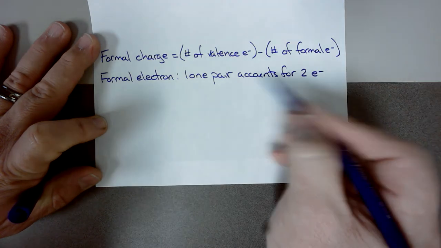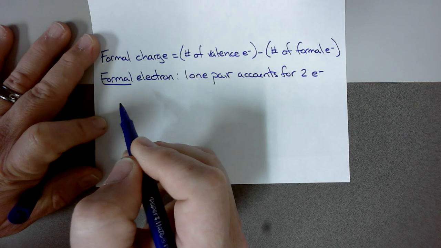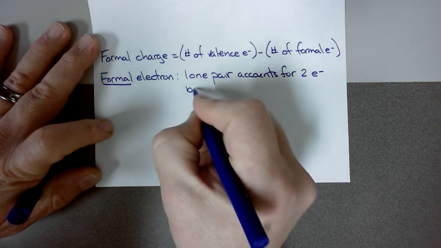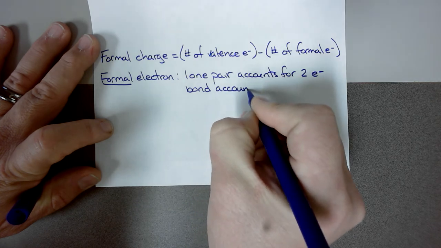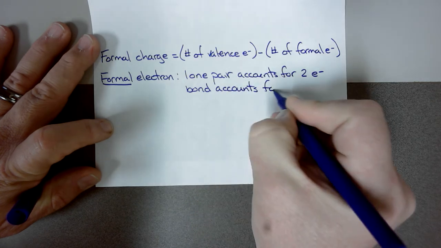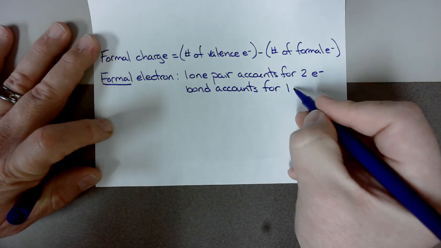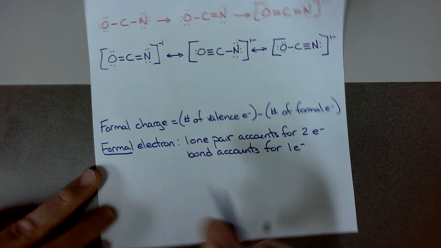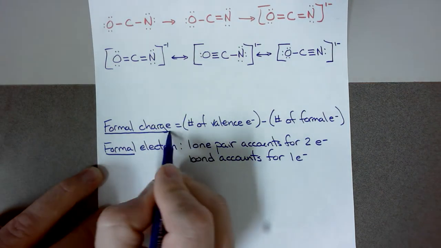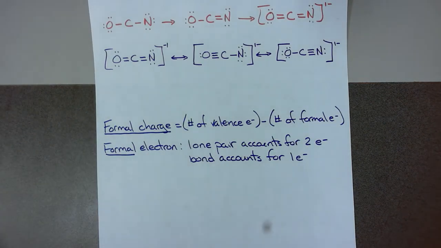Now, I'm not putting the word formal because that's what we're looking for here. And then a bond accounts for 1 formal electron. Okay, so formal charge comes from looking at valence and formal electrons.